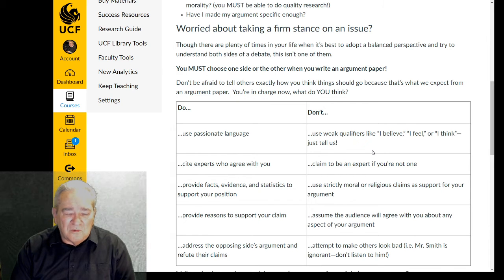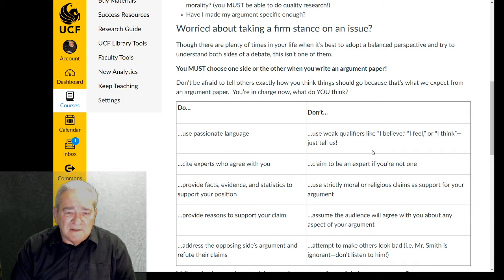We're not that. We're doing secondary research, where we depend on other people who are experts. They can agree with us or not, but we're going to try to find the experts that support our point of view. Your opponents are going to try to do the same thing. You just got to do a better job.